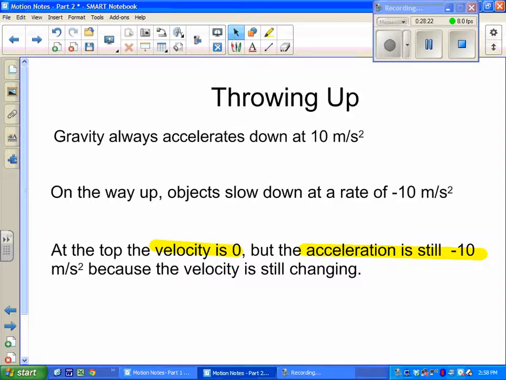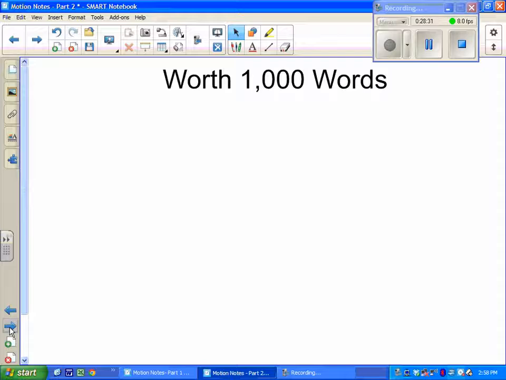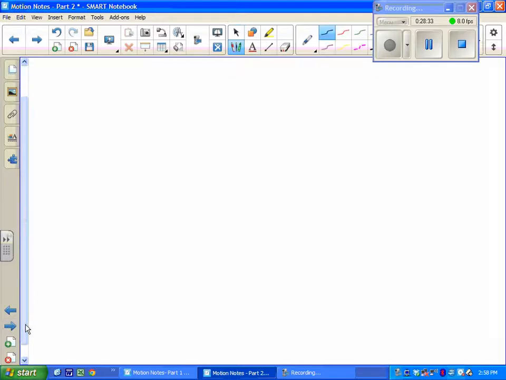And then on the way down, objects speed up at a rate of 10. So let's draw one final picture, and then we'll be done. We had a picture of me in a dress.